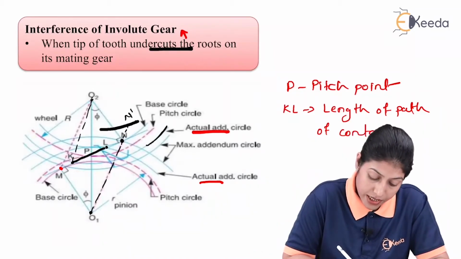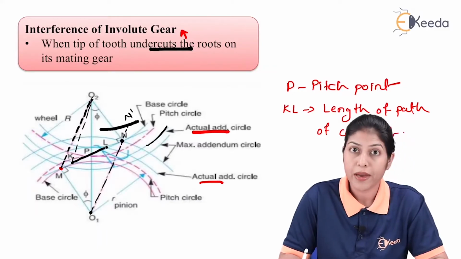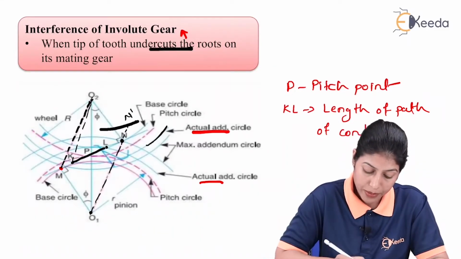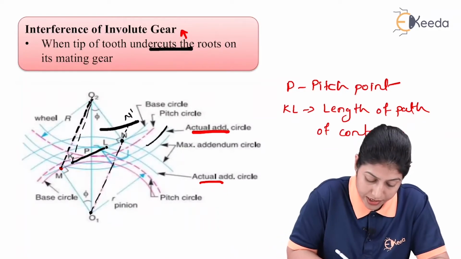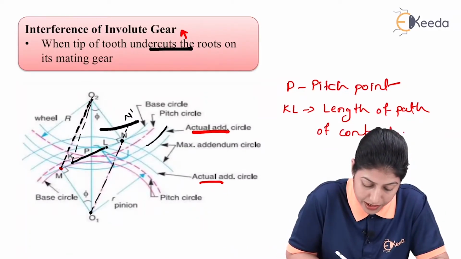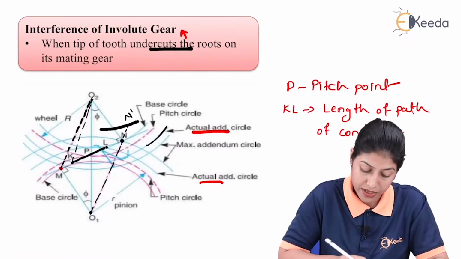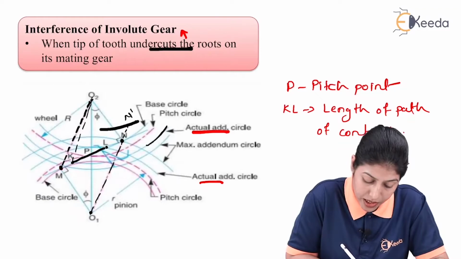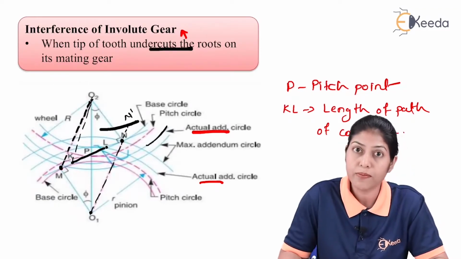Now here if we are increasing this radius O2K to O2M, in that case what will happen? This point M is representing the point of tangency of the base circle of the pinion. So similar to the previous case, this point M we will consider on the base circle of the pinion.